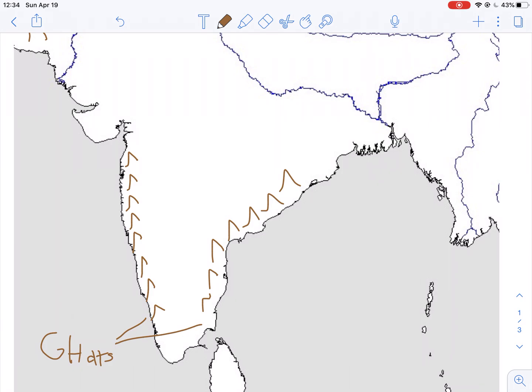And in between them is a plateau known as the Deccan Plateau. All right, so those are the mountain ranges there in the south.